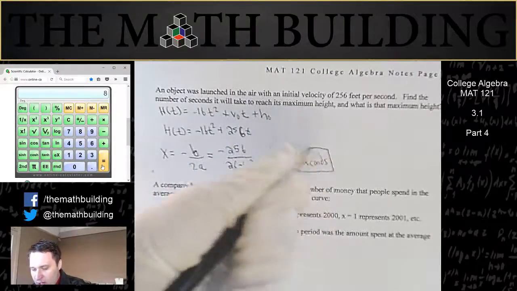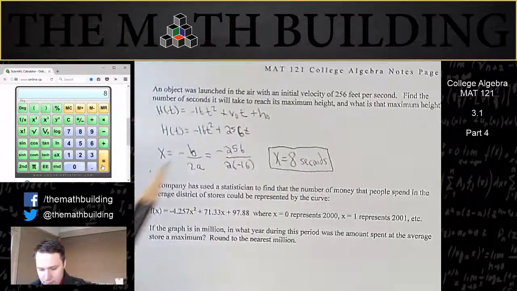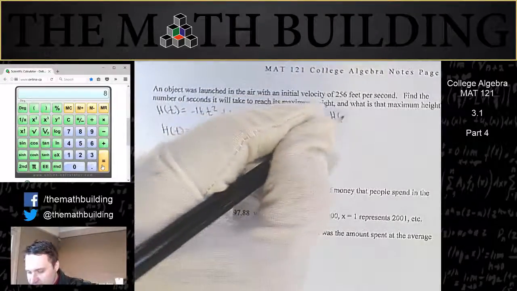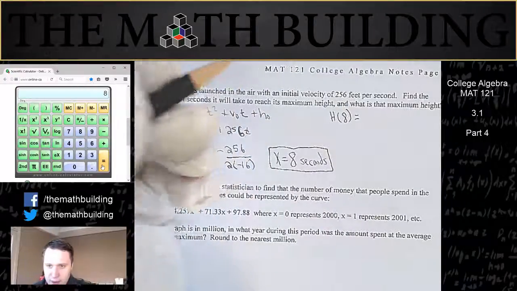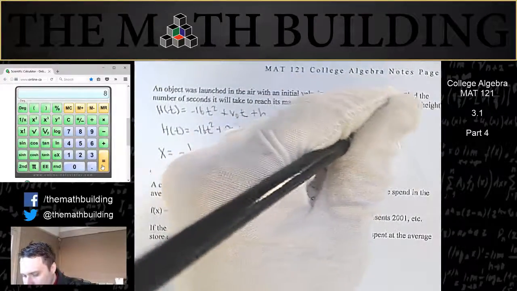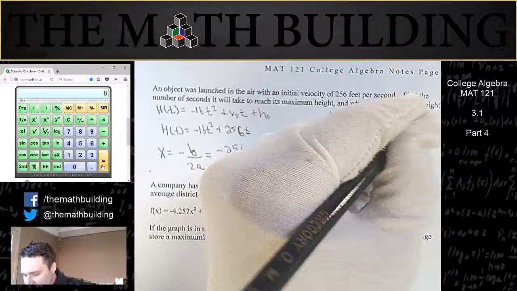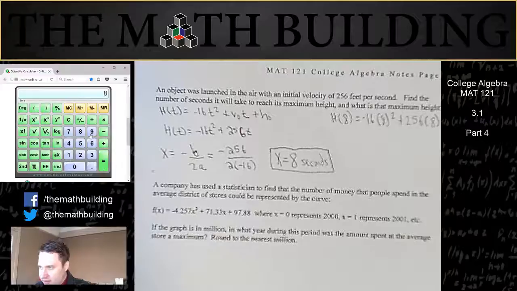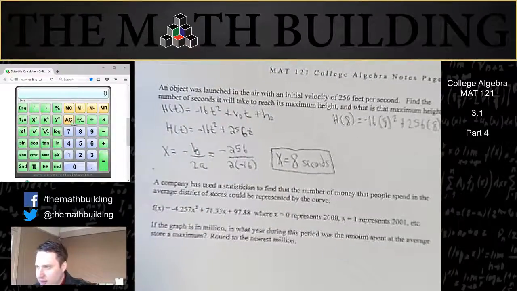Now, to find out how high it is, we just plug in 8 for t. So let's find h of 8. That's the y part of the vertex. So that's going to be negative 16 times 8 squared plus 256 times 8. So let's see if I can type this into the calculator correctly. 8 times 8 is 64 times 16.